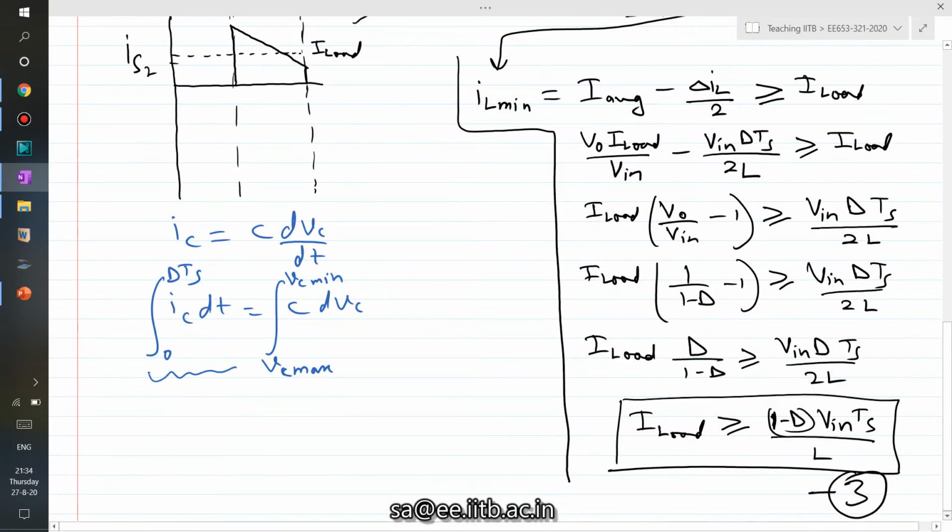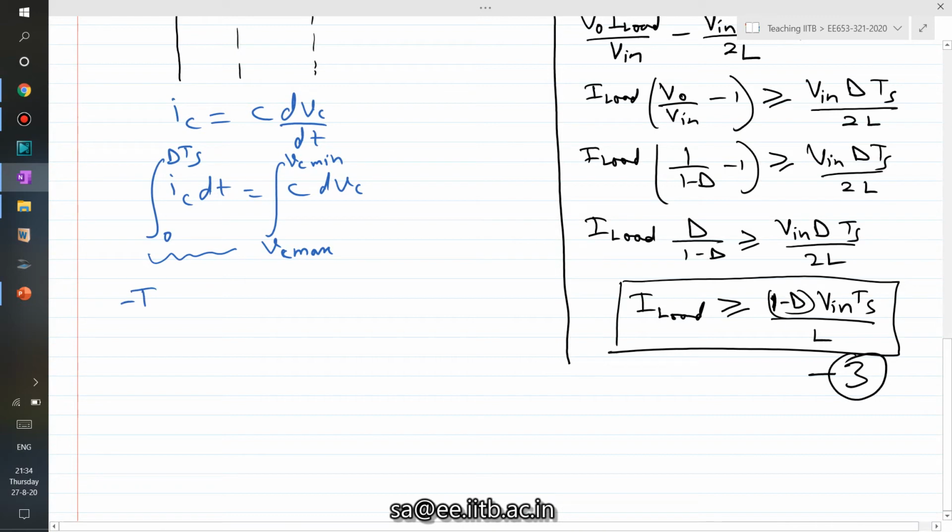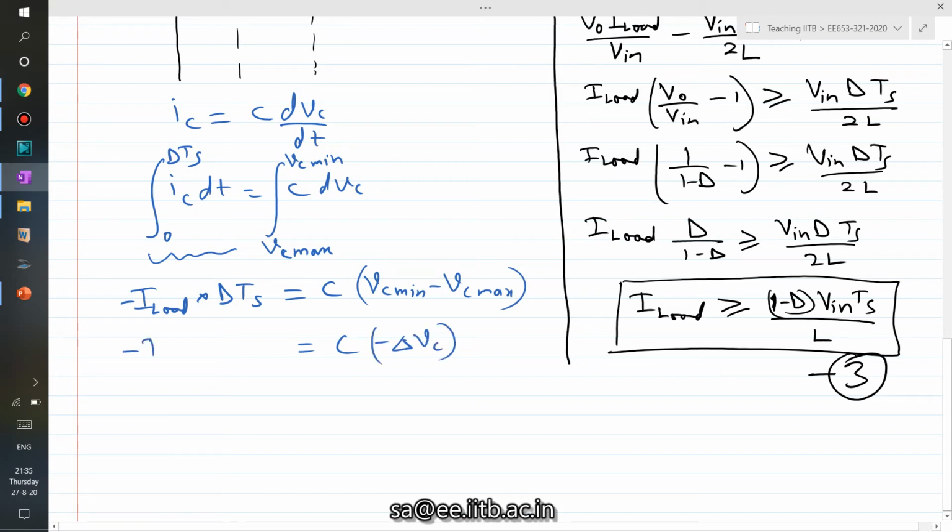That is the left hand side term. So I can rewrite the left hand side terms as minus I load into D into Ts. And what is right hand side? C times Vc min minus Vc max, which is equal to C times minus delta Vc, equal to minus I load D Ts.